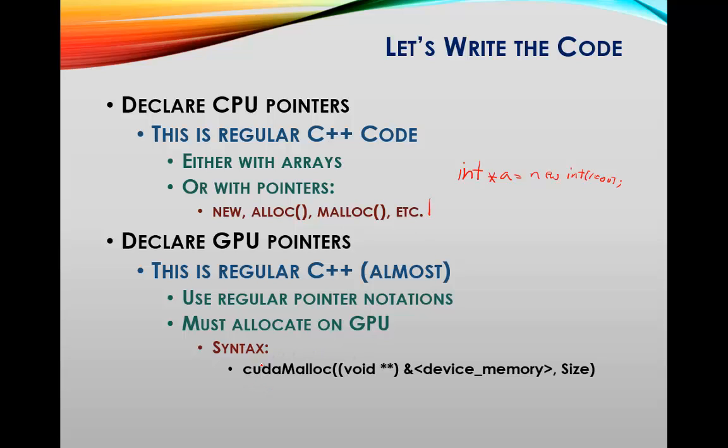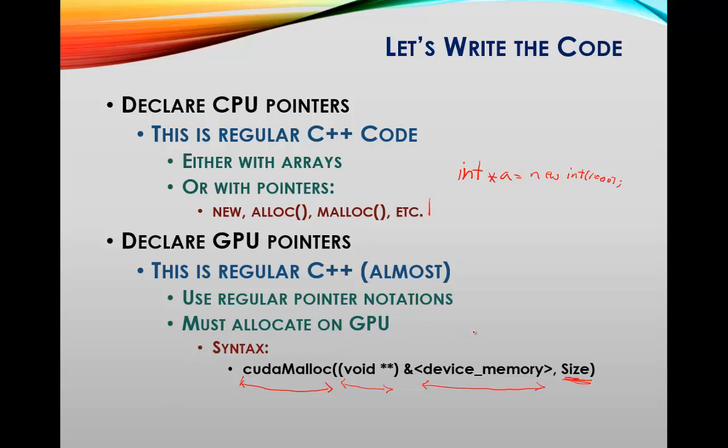On the GPU side, you'll use the function cudaMalloc. And cudaMalloc takes two arguments. One is the size of the data that you want to allocate. So basically, if you wanted 1,000 integers, you need to allocate 1,000 times the size of an int, which is 4 bytes, and then the first argument is a void pointer to pointer, and then you pass to that pointer the reference of the device memory location that you declare.